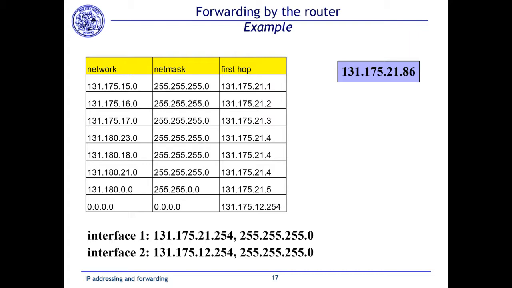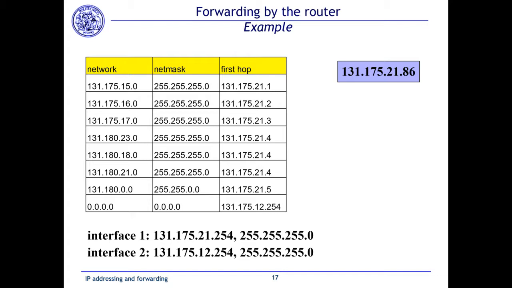So let's consider an example in detail. This is a router with a routing table and two interfaces already configured. The routing table has a certain number of entries specified in terms of network address and associated net mask. And here you also have the default router entry.